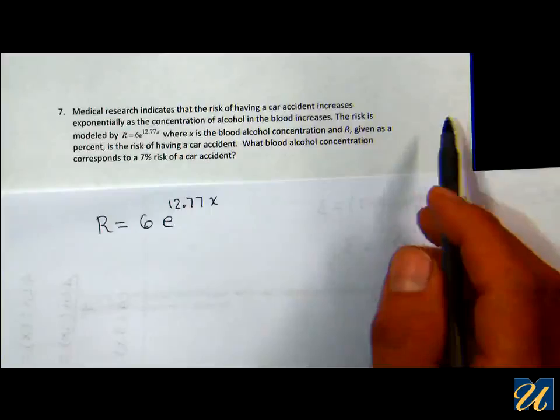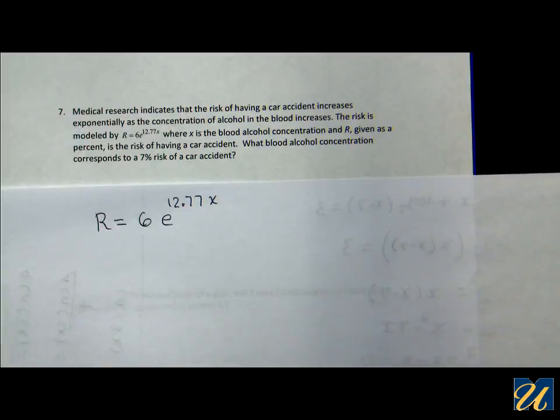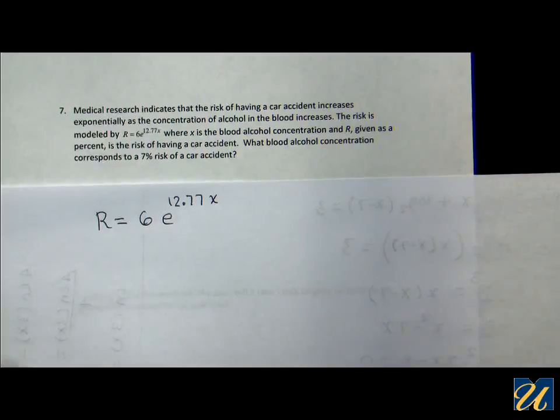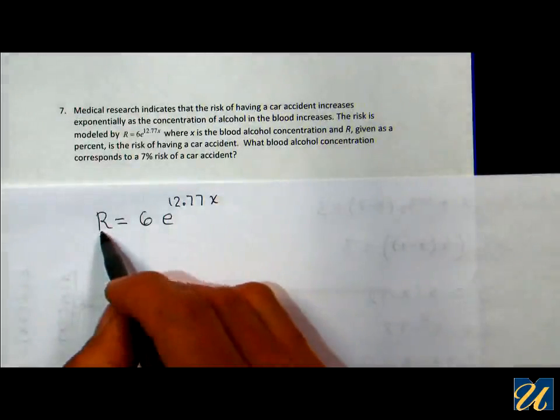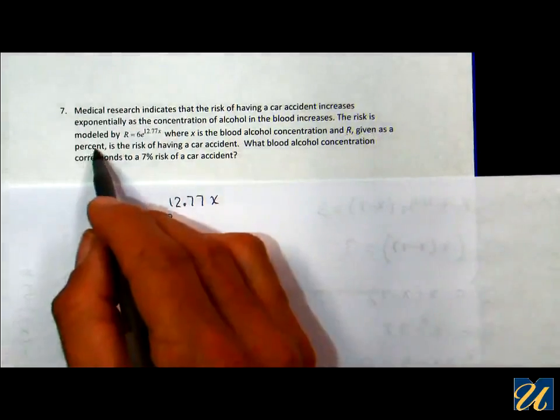car accident. It's really important you know what the variable and the function measure. Otherwise, things just go wrong. What blood alcohol concentration corresponds to a 7% risk of a car accident? See, this is why you read it, because is this 7% or is it 0.07? And it says R given as a percent.